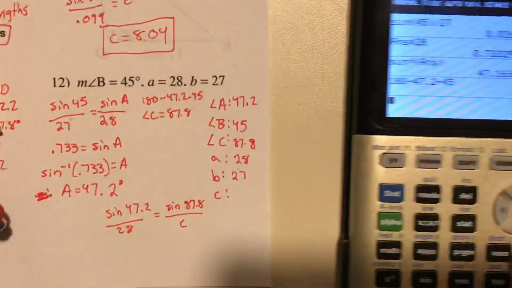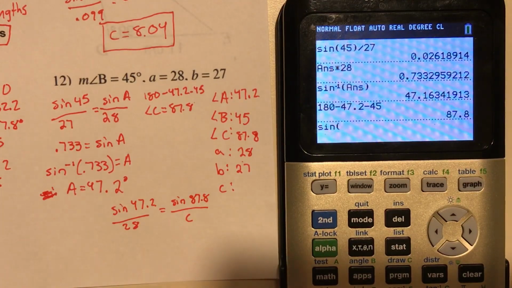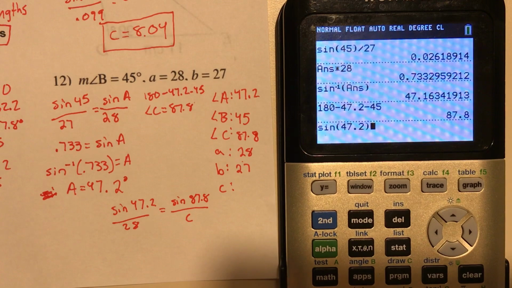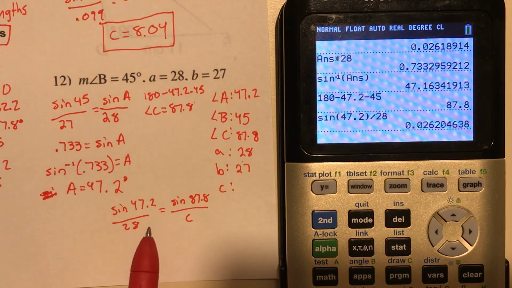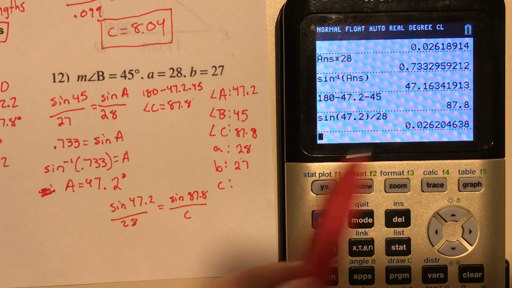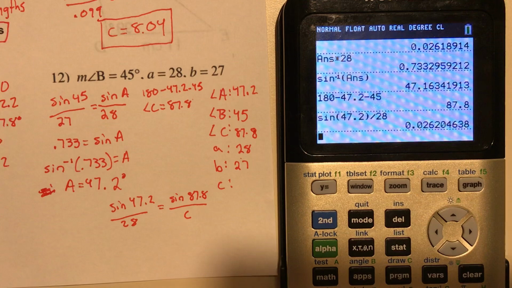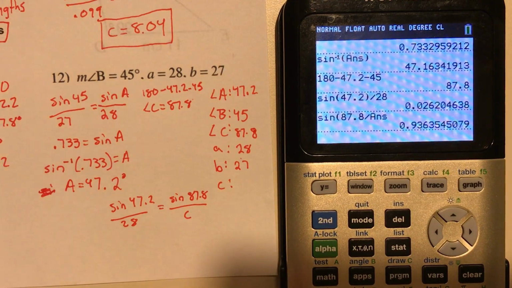So let's see, the sine of 47.2 divided by 28. And because of the way algebra works, we'll then need to say that sine of 87.8 divided by this number will give us C. So the sine of 87.8 divided by the answer equals, oops, that did not work.